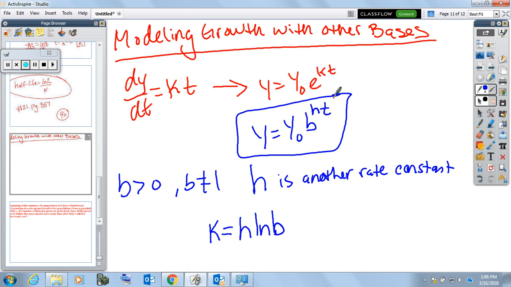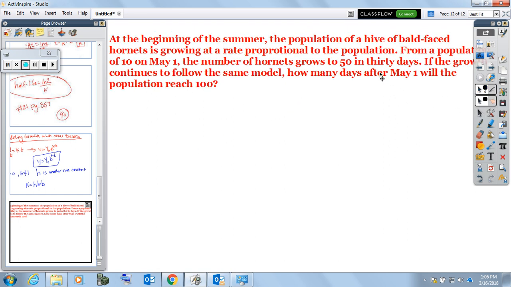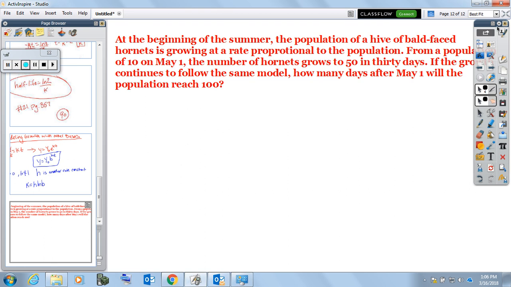Let's take a look at an example as to where we might see this. At the beginning of the summer, the population of a hive of bald-faced hornets is growing at a rate proportional, that's key right there, guys, at a rate proportional to the population.